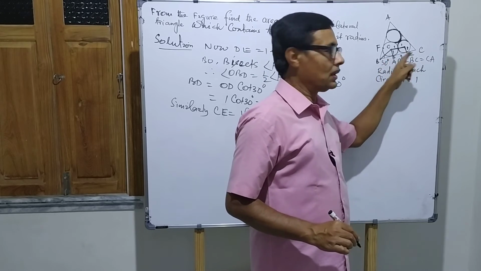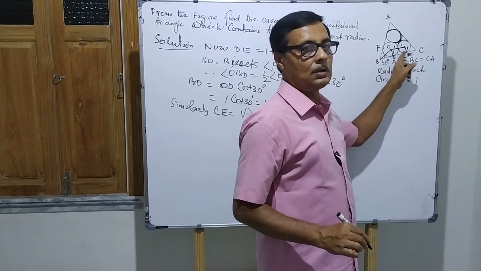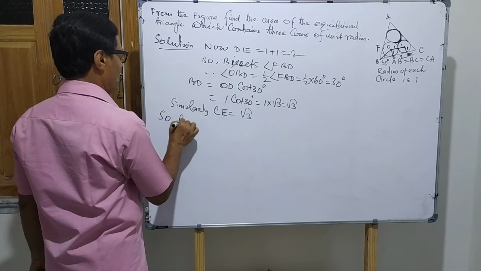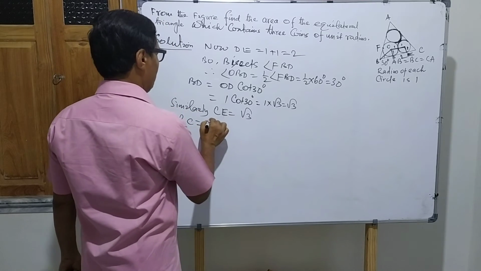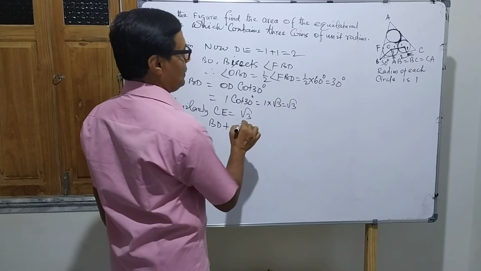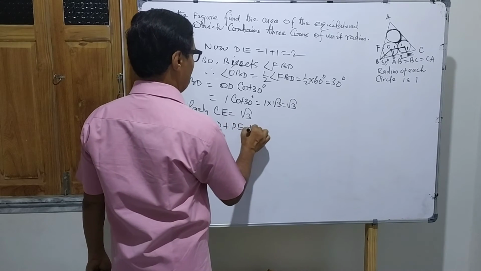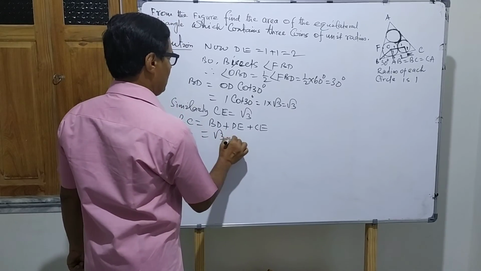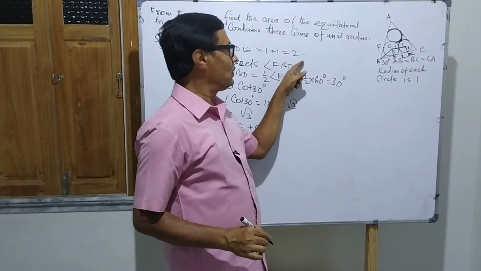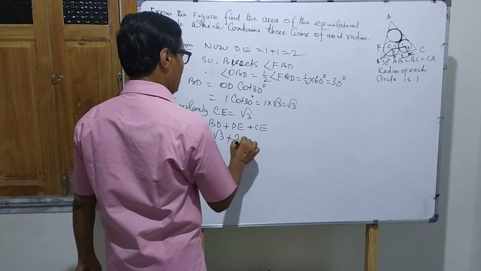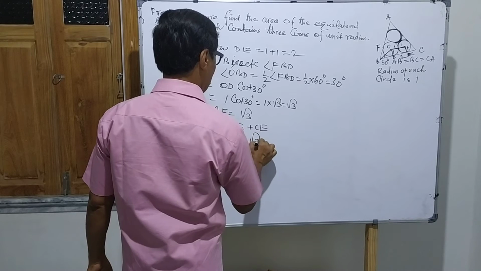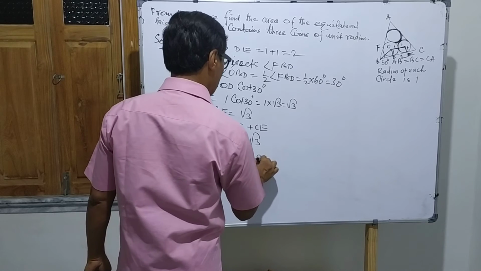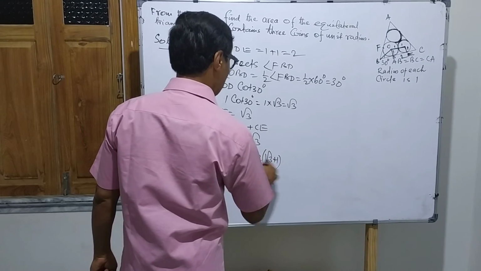So BC equals BD plus DE plus EC, that is root 3 plus 2 plus root 3, which is 2 into root 3 plus 1.